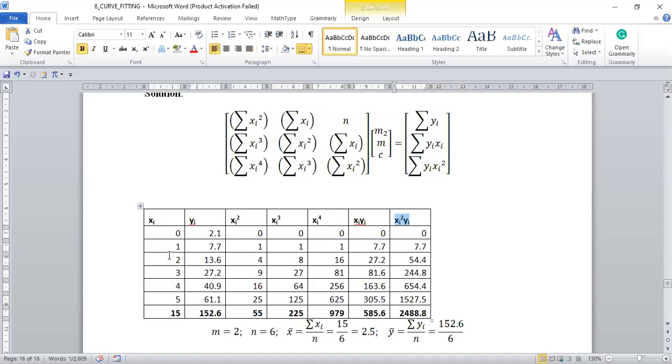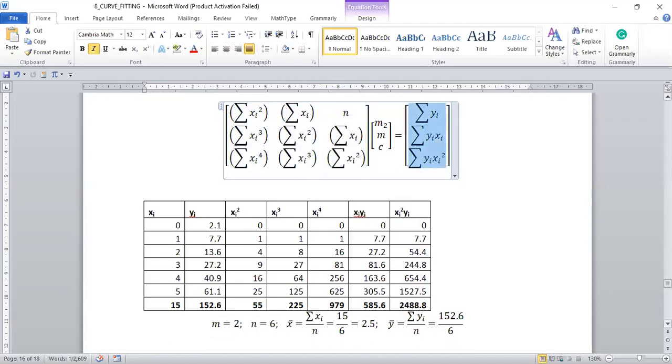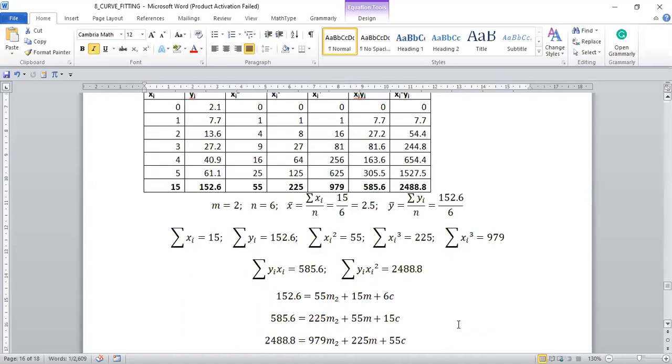So you square x, then you multiply it by y. Then you arrive at this column, and you arrive at the summation because it's a summation. So this is the number we are interested in. So we already have all these coefficients now, which I've just explained.